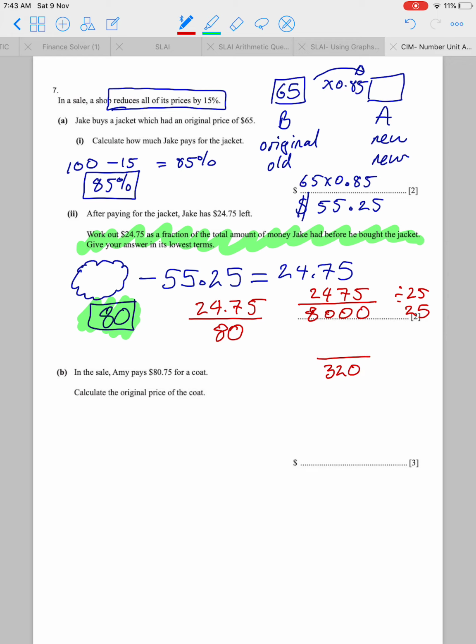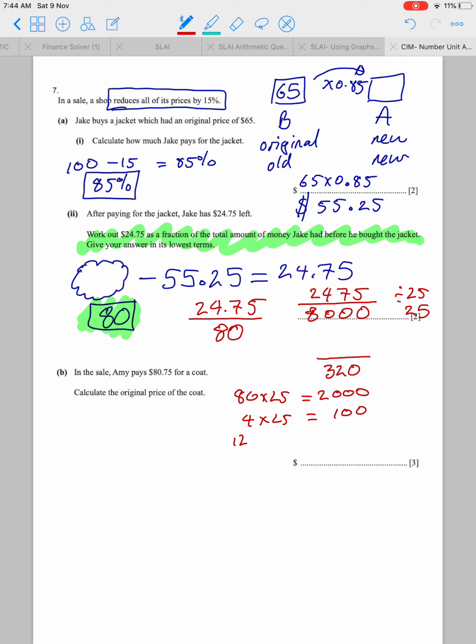And again, 40 25s is 1,000, so 80 25s are 2,000. We've got to get to 475. Well, 40 25s is 1,000, so that's too many. So you can just do a bit of trial and improvement. You know that four 25s is 100.